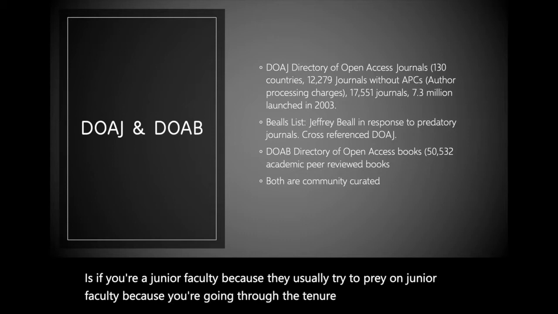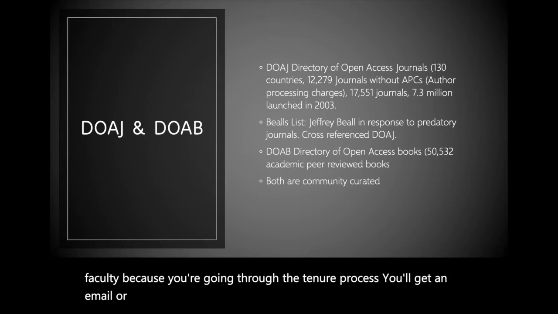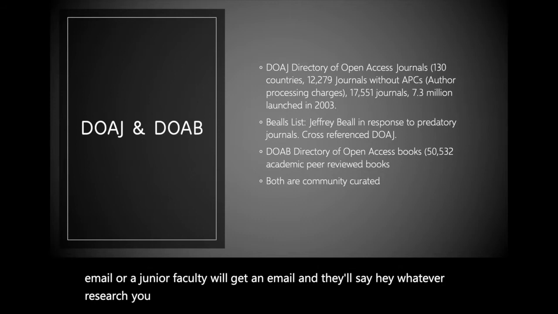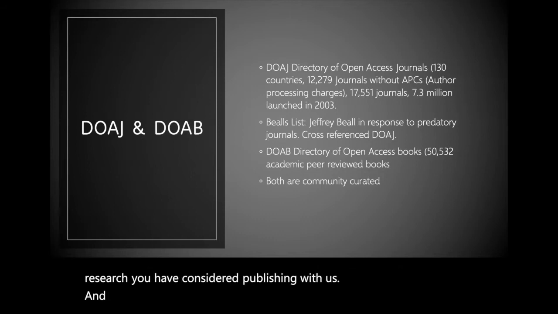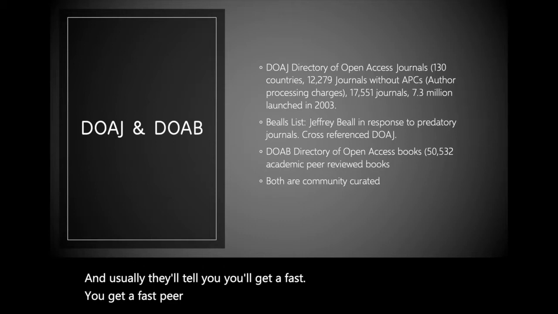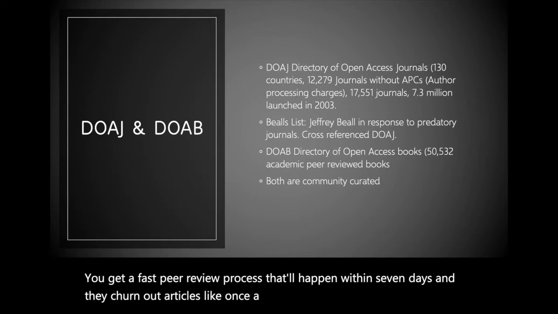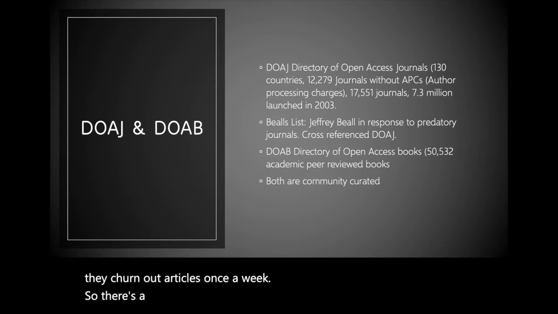Junior faculty will get an email saying, hey, whatever research you have, consider publishing with us. They'll tell you you'll get a fast peer review process within 7 days, and they churn out articles once a week. So there's a very fast response.